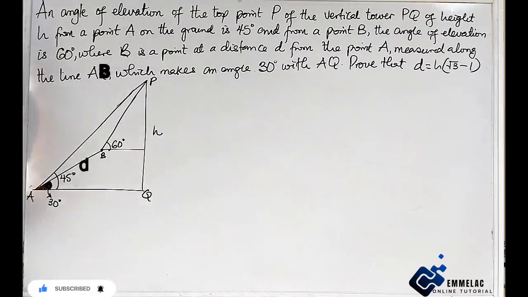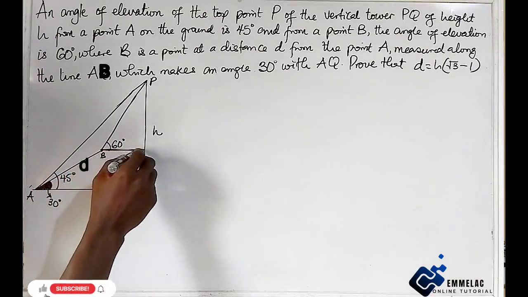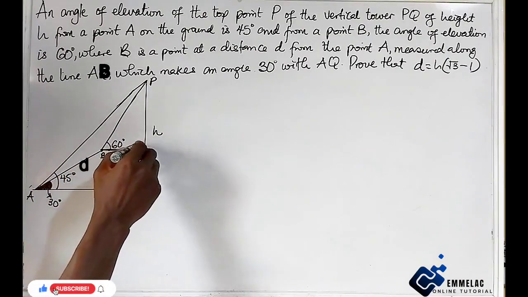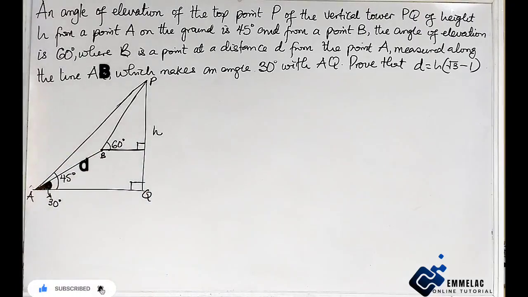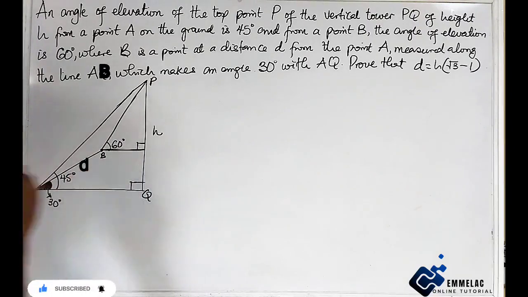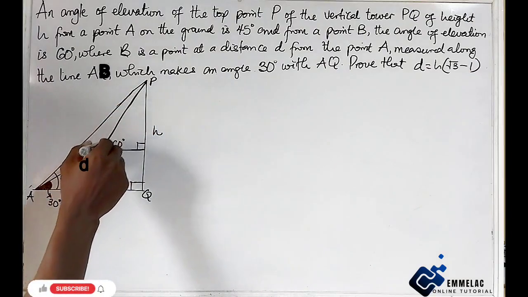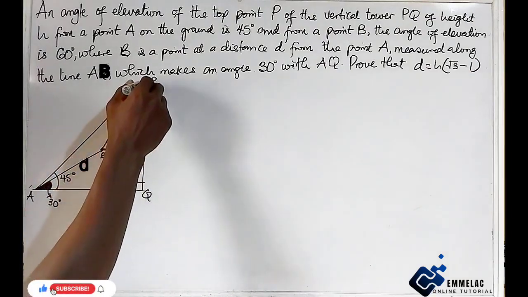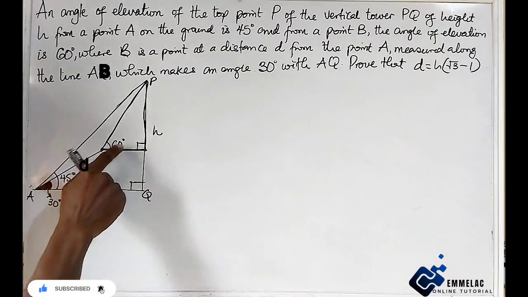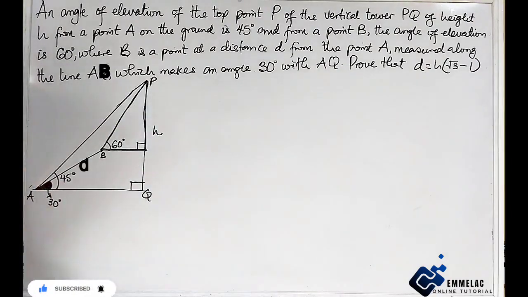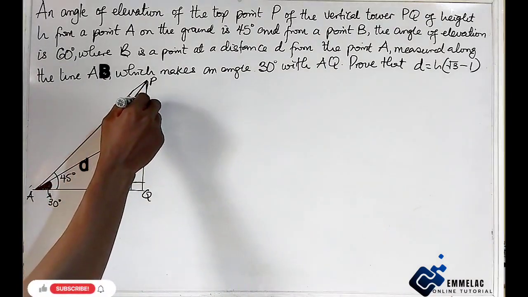Now take note that this is 90 degrees, and because this is a horizontal line, here we have 90 degrees. All right, so now if you take a look at this 90 degrees, it implies that this is a triangle, and the sum of angles in a triangle equals 180. Now here we have 60, here we have 90, and to complete 180, this will give us 30 degrees.